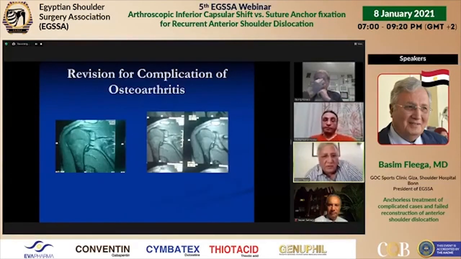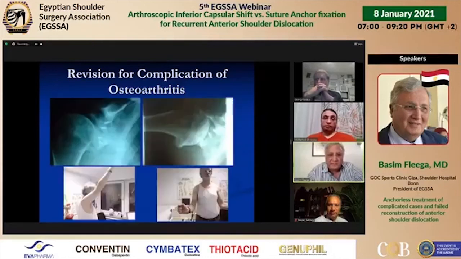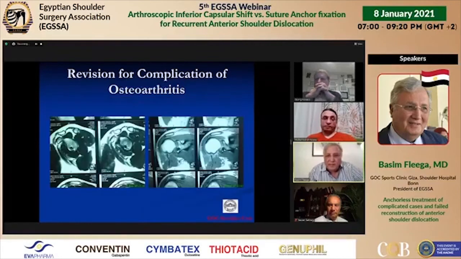This is also a Bankart repair, and there's a disturbance of the blood supply to the cartilage leading to osteoarthritis. There's another case with complete osteoarthritis, which ended by total shoulder replacement. Here's an anchor case with damage to the glenoid and fracture of the glenoid.